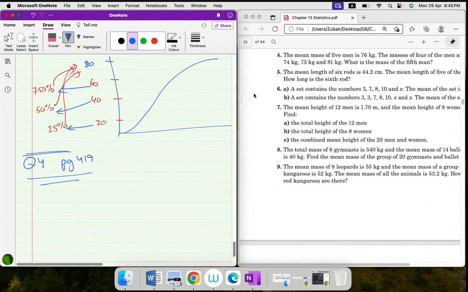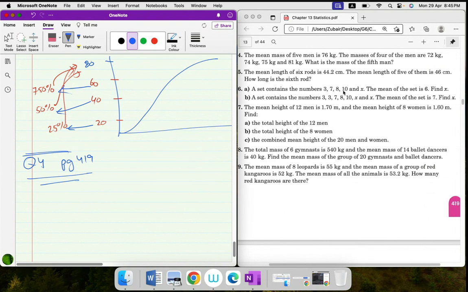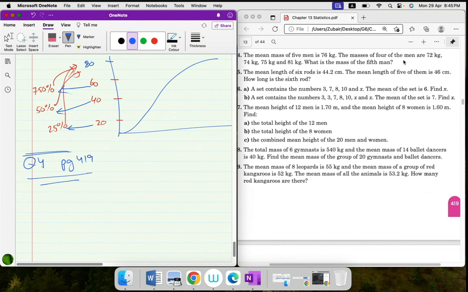The mean mass of 5 men is 76. The masses of 4 of the men are 72, 74, 75, and 81. The fifth one would be unknown, divided by 5, and the mean is already given. So what is the mass of the fifth one? It is x.